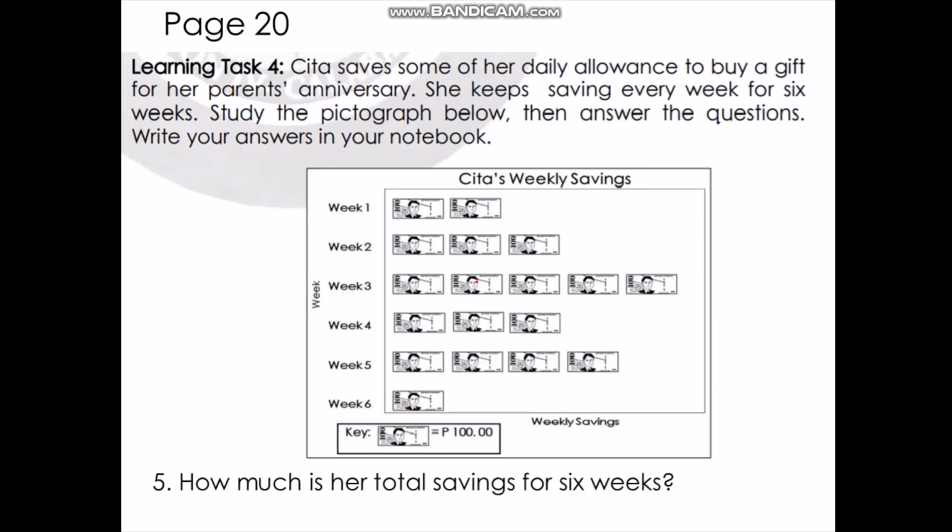Number 5, how much is her total savings for 6 weeks? So you need to add all of this. And remember, each picture is 100 pesos. If you're not yet done, click the pause button. If you're done, click the play button.